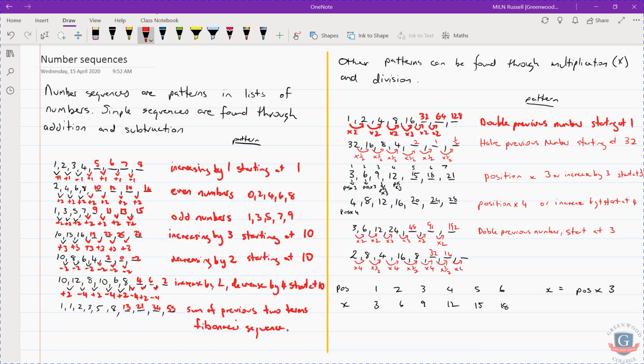Then we times by 4, which will give us 64. So multiply by 4, halve the number, start at 2. And there we go. There's some patterns that can be found through multiplication and division. I hope that helps.